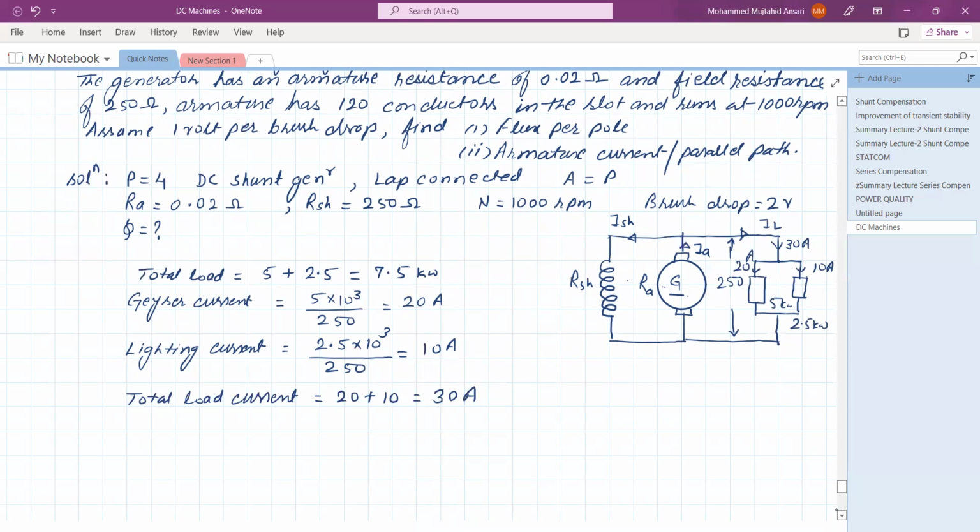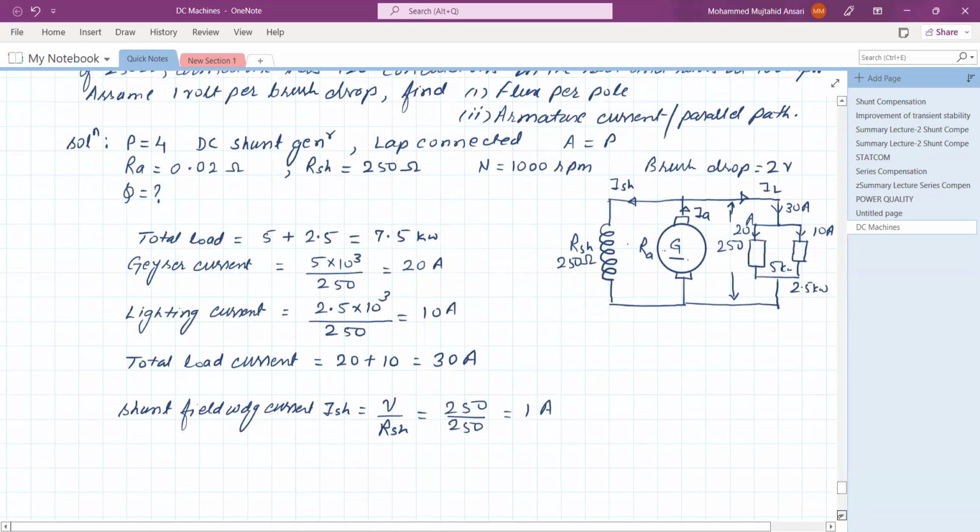Now, what is the current in the shunt field winding? So the shunt field winding current ISH is equal to terminal voltage V upon RSH, equals 250 divided by the resistance, which is 250 ohm. So it equals 1 ampere.